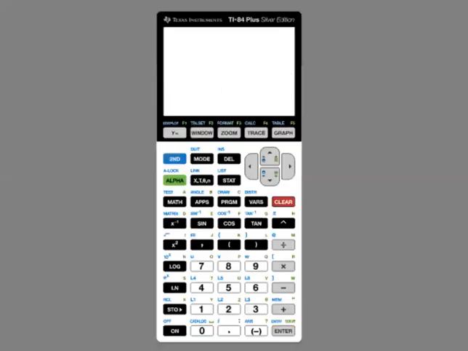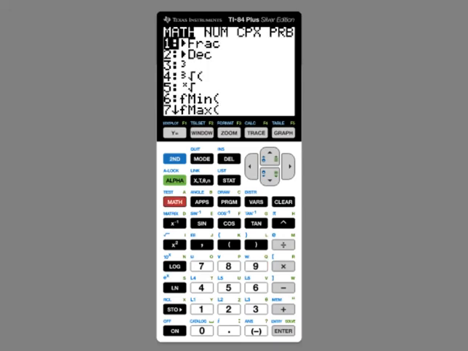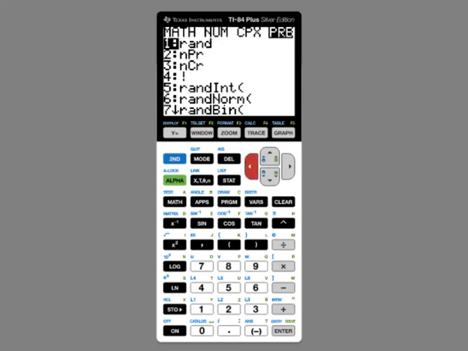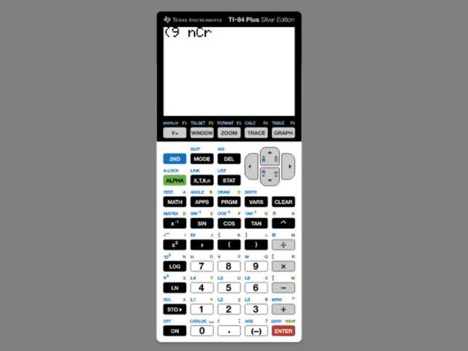I'm going to clear the screen, and since we have the quotient, I'm going to put parentheses around, starting with the first one, which is the value 9, and the combination formula. We go to math PRB and option 3. The R is 5 for the top one, and close it.